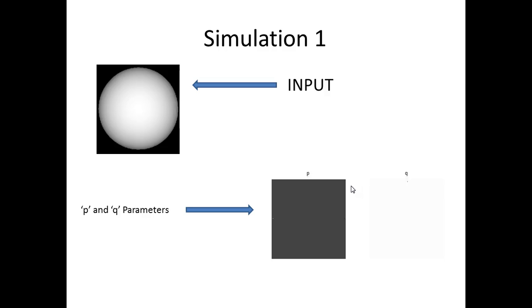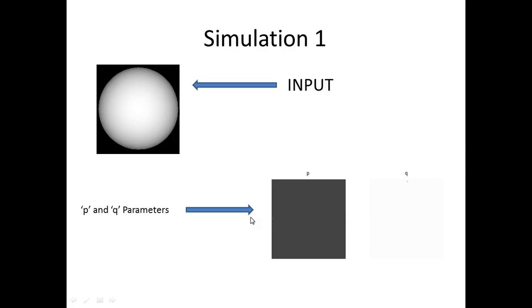The input in the first simulation is this shading image from the sphere. It is a two-dimensional shading image, and you can see the grayscale varying at various points, giving us a perception of the various parts. After running the simulation, we get the PQ parameters. Here you can see the Q dot and the P dot.